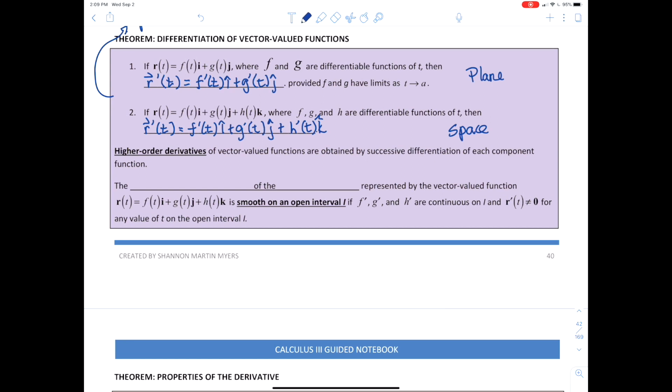Higher order derivatives of vector-valued functions are obtained by successive differentiation of each component function.